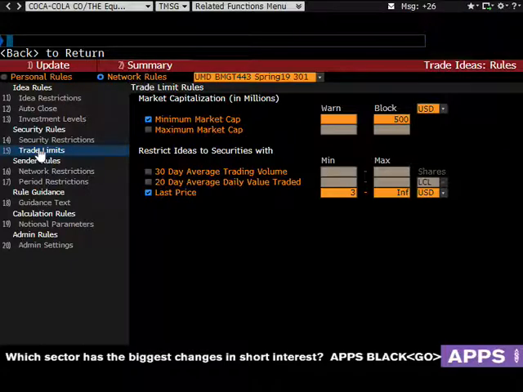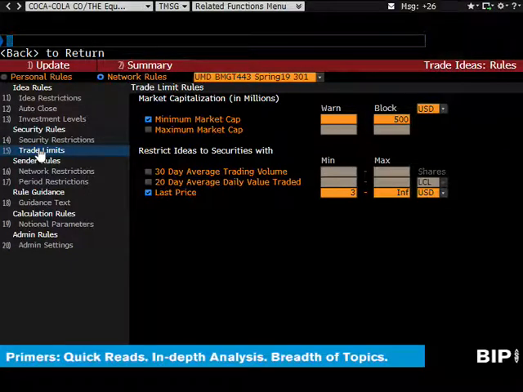So no playing in penny stocks. Last semester, one of the students wanted to play the Sears bankruptcy, and they were trading like 11 cents, and the simulation wouldn't let him do it. By the way, he actually did it with real money in the real world and lost it all, which is, they were in bankruptcy. How could he not? But nonetheless, I'm not going to let you play around in penny stocks. So $3 is the minimum.